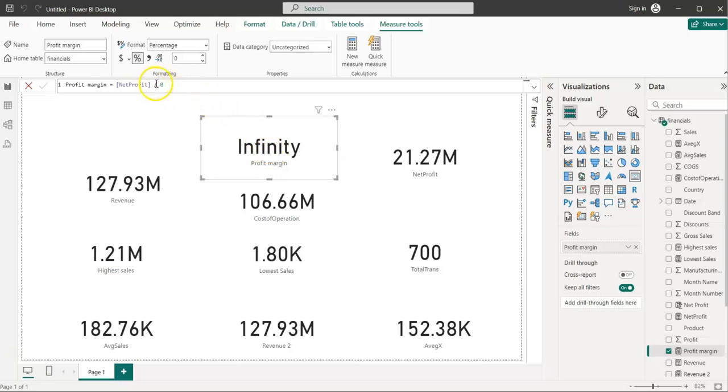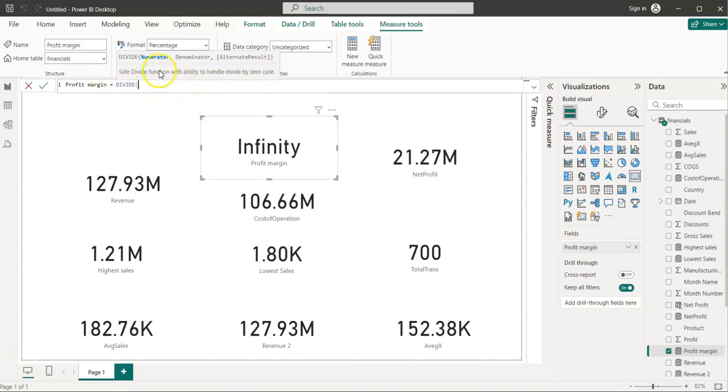So the traditional division does not have the ability to divide by 0. What we are going to be using is a function called DIVIDE. So I can say DIVIDE, then we have the numerator and the denominator. You can see the argument says that the DIVIDE function has the ability to handle the divide by 0 case.